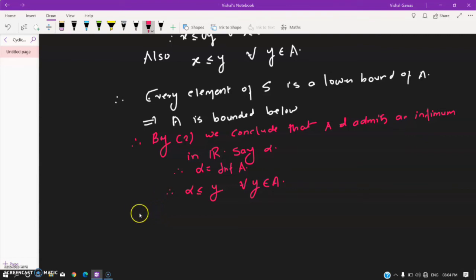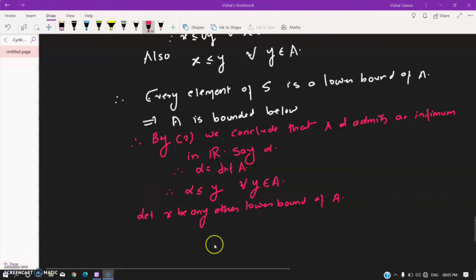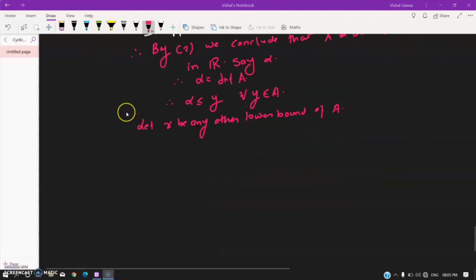So now let x be any other lower bound of A. What would be the relation between x and alpha?